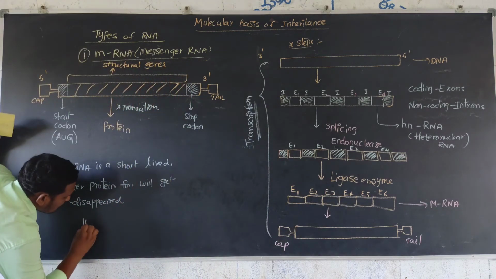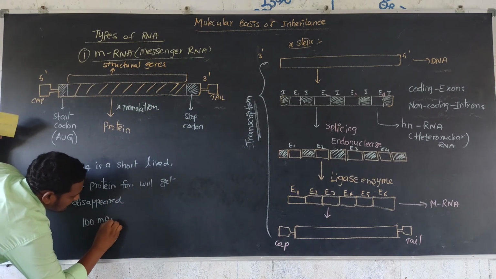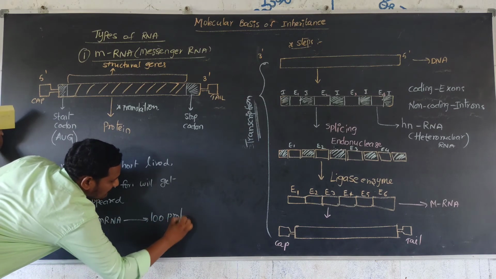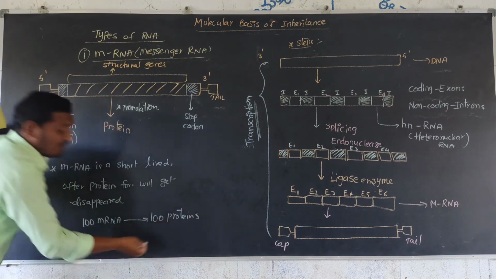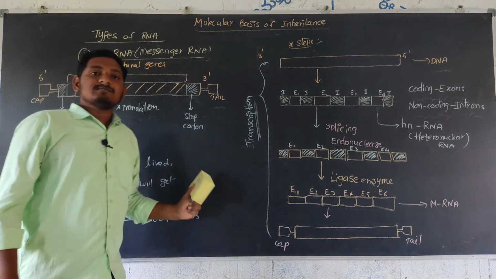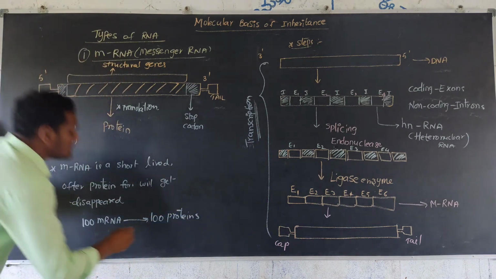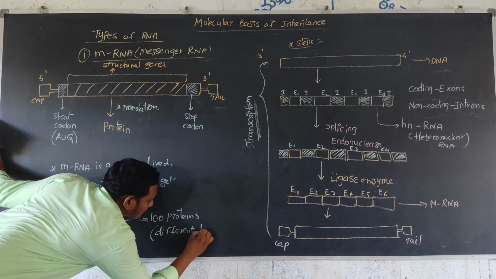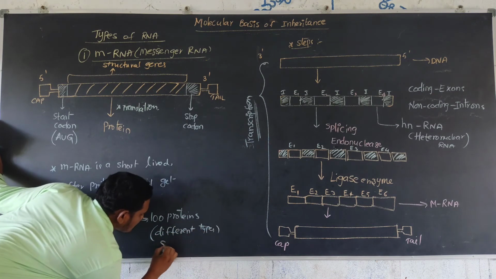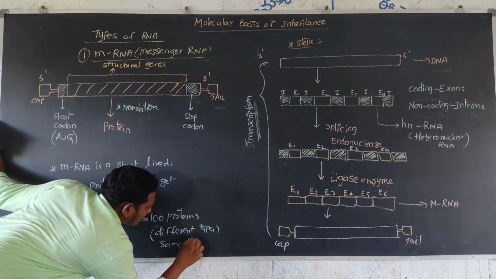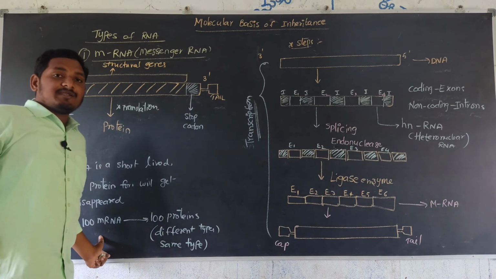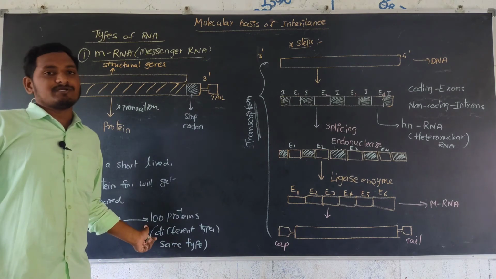So 100 mRNAs are involved in making 100 proteins, either different or the same kind of protein.